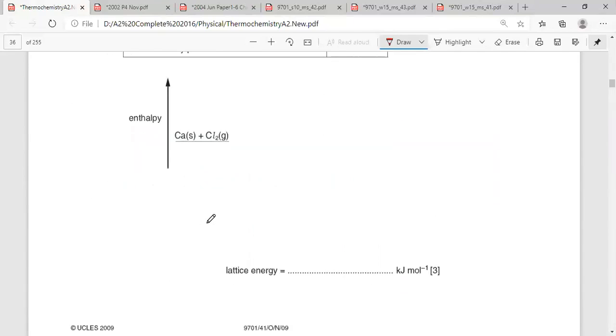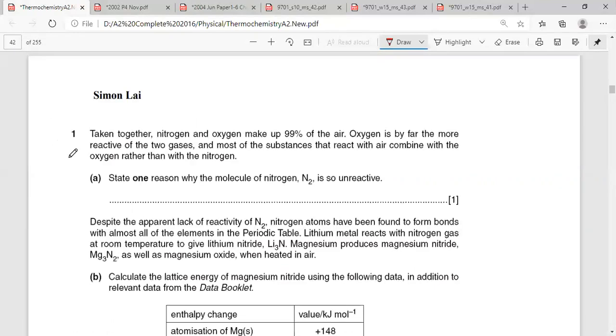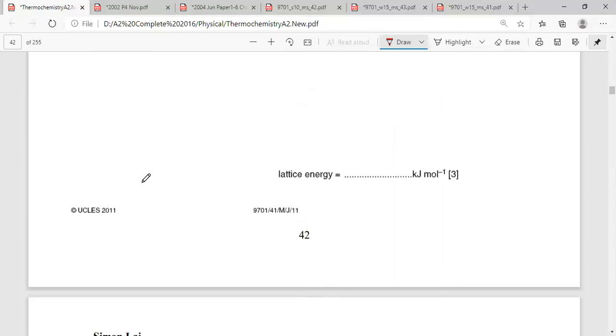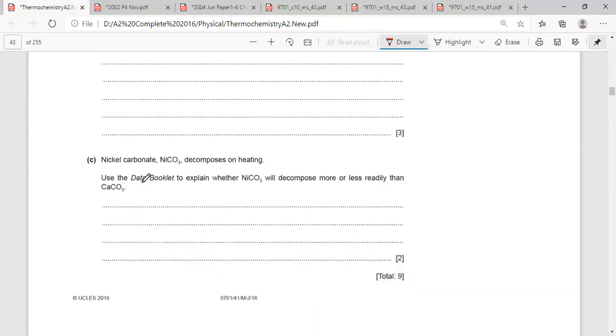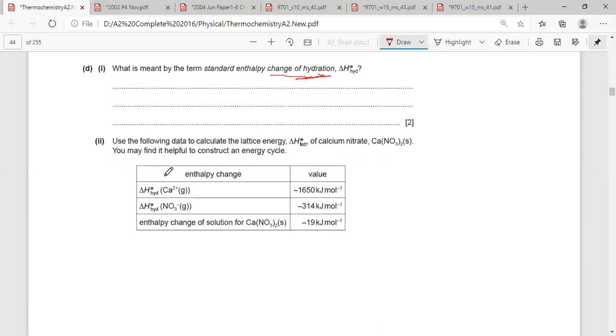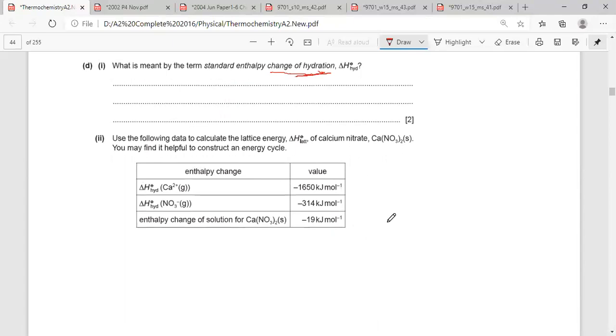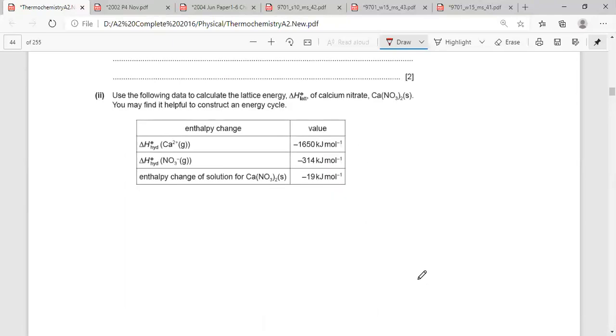Let me look here. Solution. Use the following data to calculate the lattice energy of calcium nitrate.